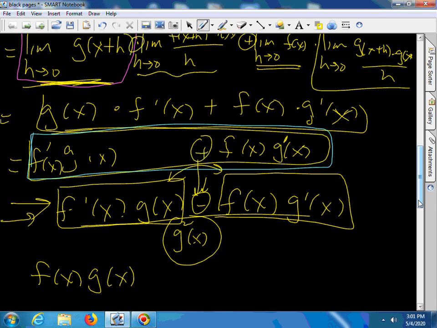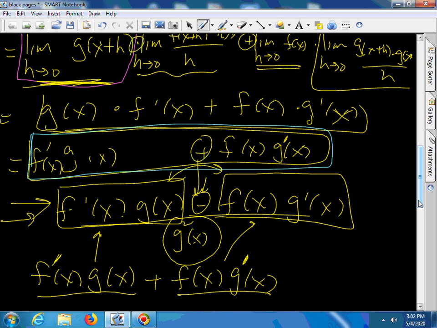You have a product of two things with a plus in the middle. Write it down 2 times. First, second. In the first term, the first function gets primed. In the second term, the second function gets primed. And that's exactly what the quotient rule says. Except, again, instead of plus, it has minus.